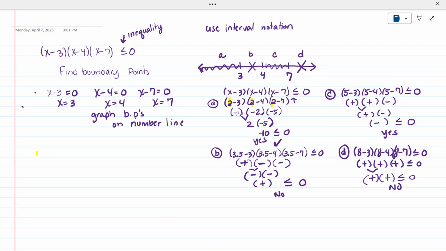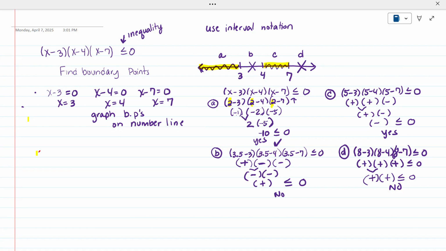Okay, so what we see now, so far, is that our answer is all the numbers between 4 and 7 and everything that's less than 3. But here's the question. What about the boundary numbers themselves? Are the boundary numbers included in the solution set?